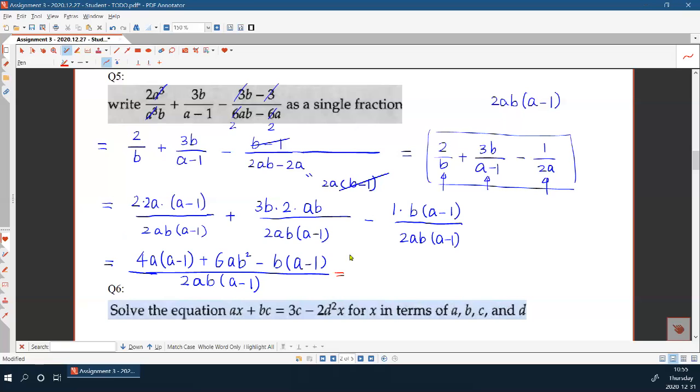Actually, you can leave it here or expand the numerator to 4a squared minus 4a plus 6ab squared minus ab plus b, divided by 2ab times a minus 1.